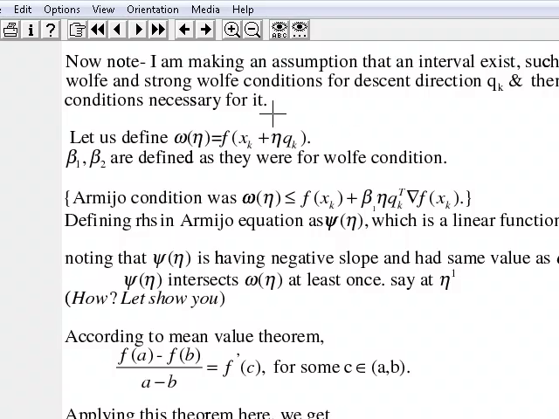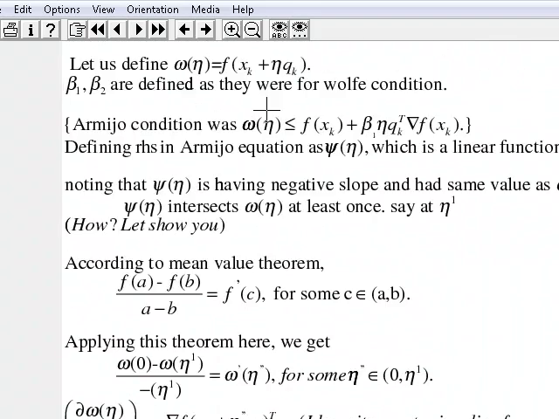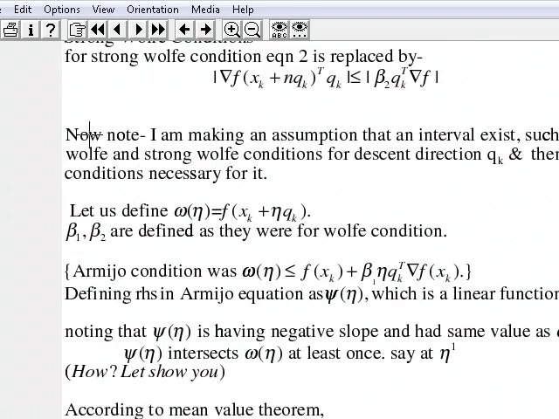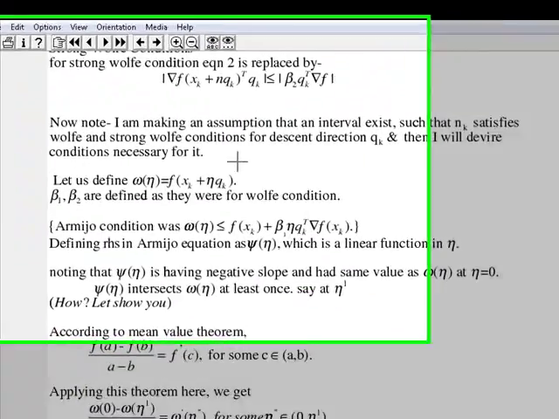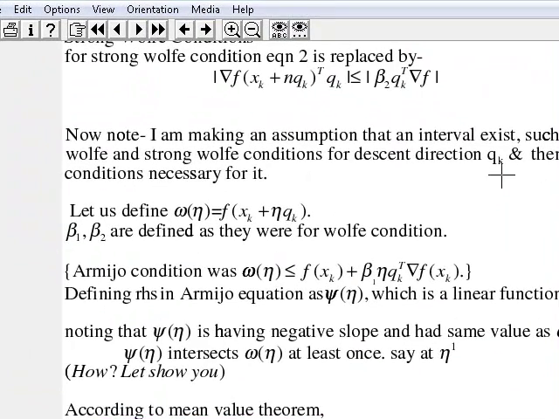I will assume that our eta satisfies this set, and then I will derive the necessary conditions, that is, what conditions are necessary for this to happen. So let's start with this. There exists a set of values of eta for which the strong Wolfe conditions and Wolfe conditions are satisfied, provided our q is a descent direction.